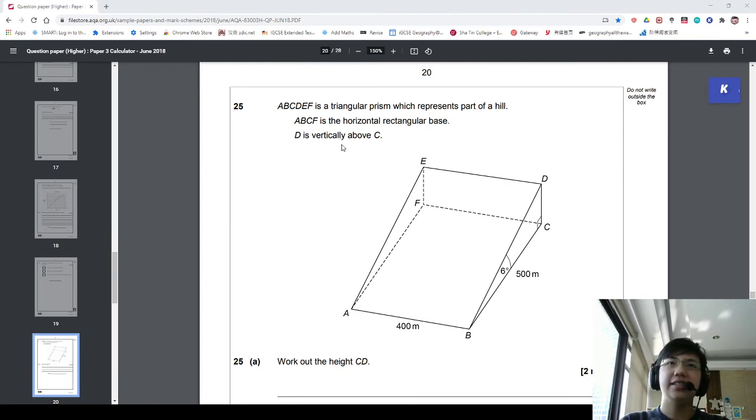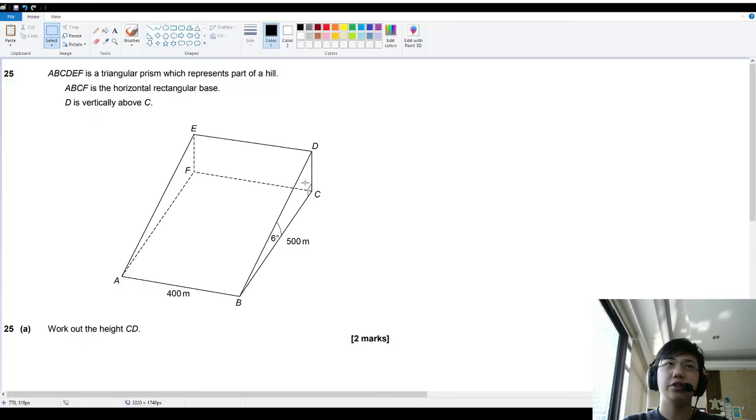To work out the height of CD, we must use trigonometry, albeit simple trigonometric rules. So we know the angle here is 6 degrees, and we need to figure out CD. So we know the adjacent to the angle, and we need to figure out the opposite.